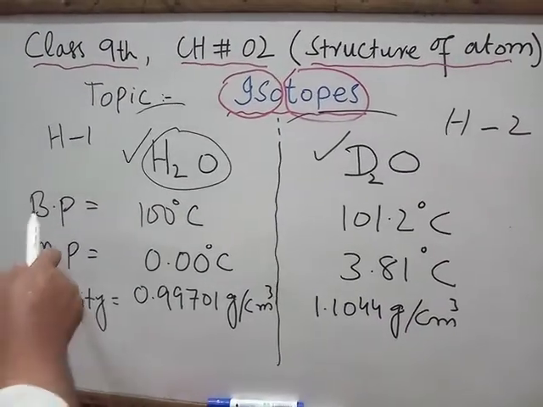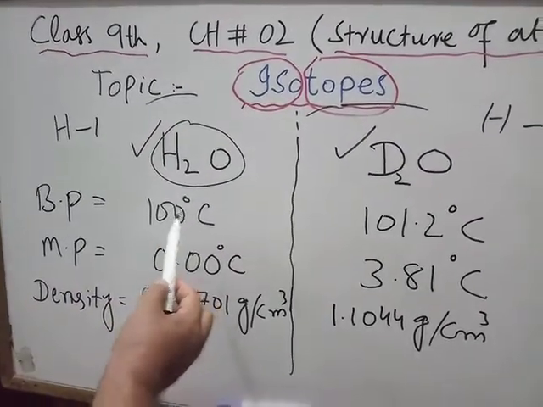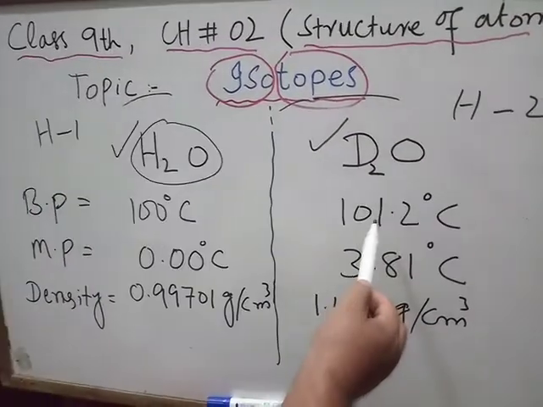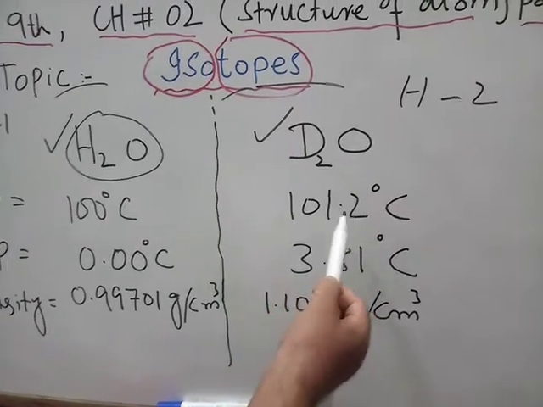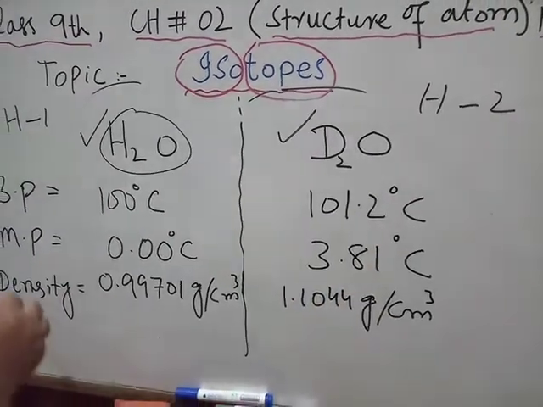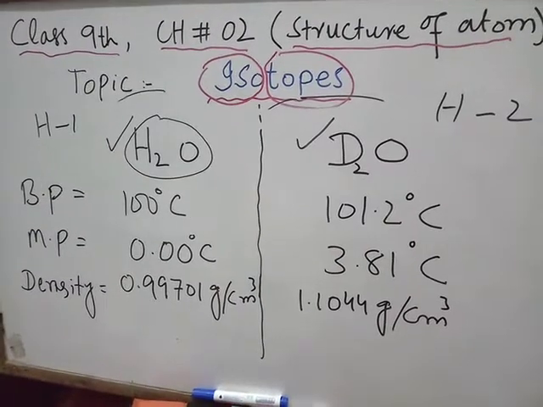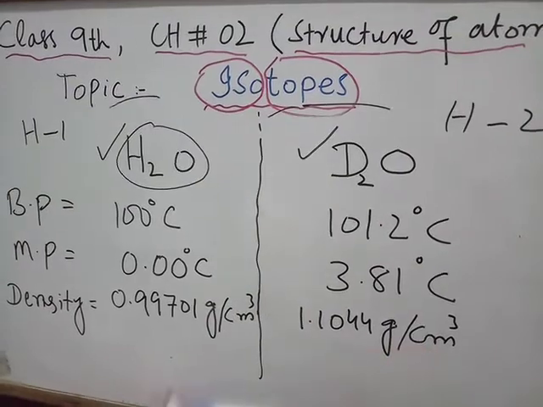The boiling point, BP here represents the boiling point. The boiling point of ordinary water is 100 degrees C, while that of D2O is greater because it has greater mass, 101.2 degrees C.